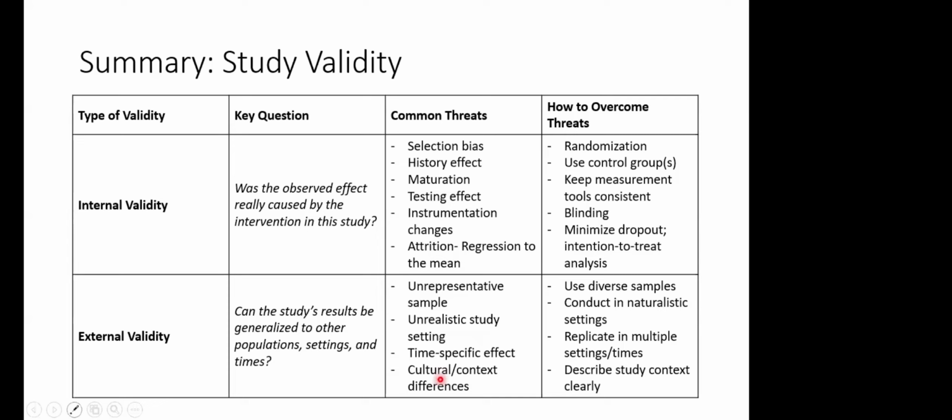And then finally, there can be cultural or context differences, which limit generalizability of results to other contexts. For example, a diet intervention based on foods common in Japan may not really work in Kenya, where those foods are unavailable or unfamiliar to people.